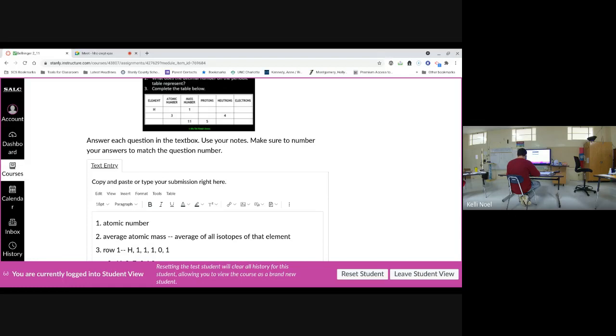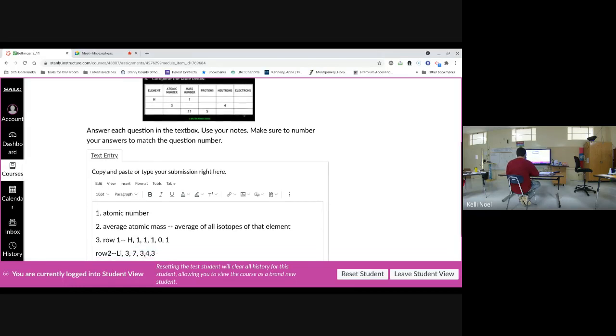And so you're going to round that to 7 for its mass number. Protons is 3. 3 plus 4 is 7, so our mass number is right, and electrons is 3. So there it is, row 2, Li, comma 3, comma 7, comma 3, comma 4, comma 3.